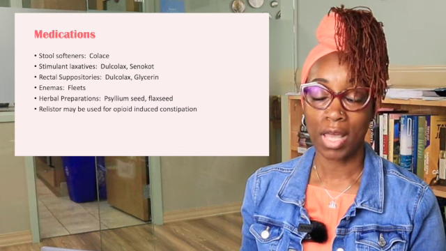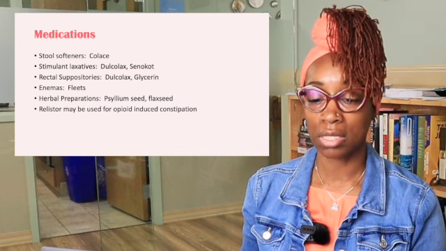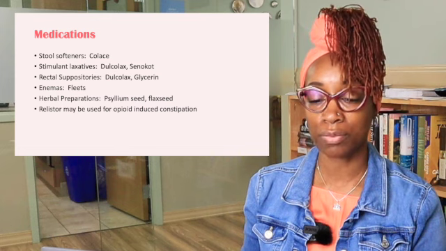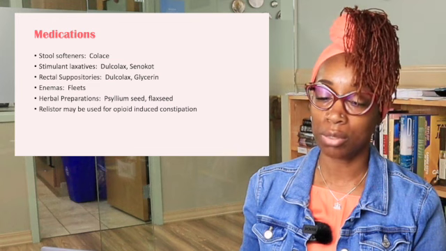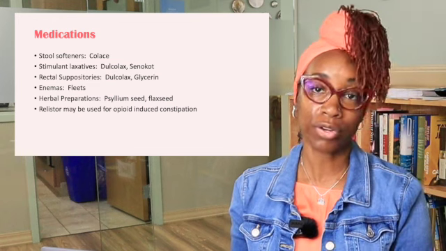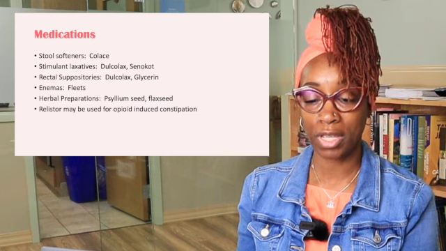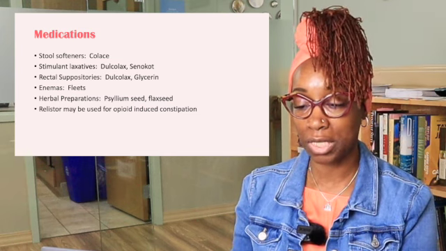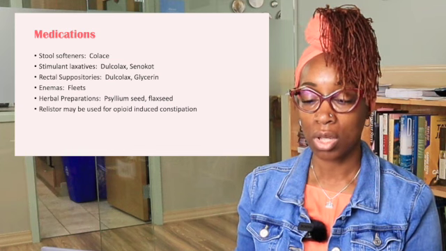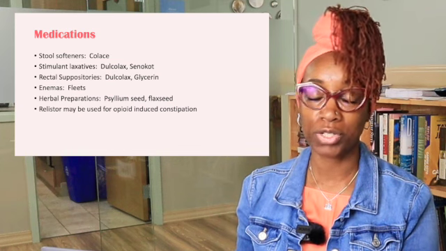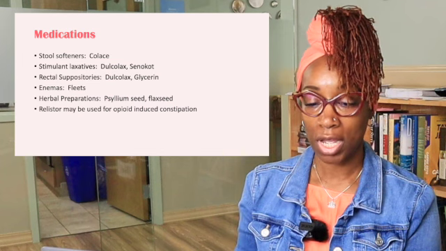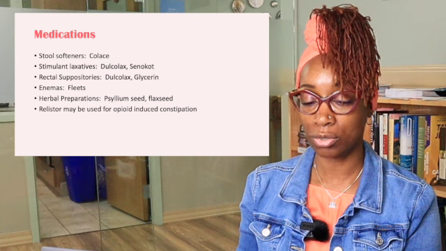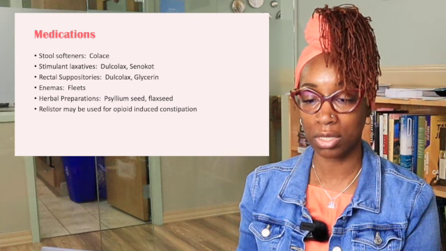Senokot, a lot of our residents are on Senna S. Sometimes they'll use suppositories such as Dulcolax. Haven't really seen too many enemas used, at least not here at Grace House, but they can use Fleet's enema. Psyllium seed or flax seeds are also herbal type preparations that can be used for constipation. Relistor may be used for opioid-induced constipation, which is a medication.